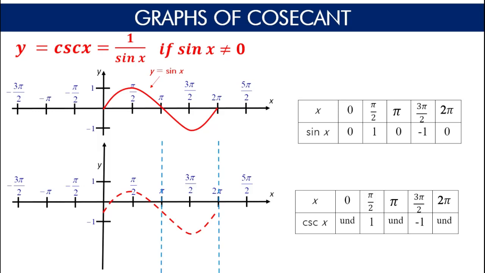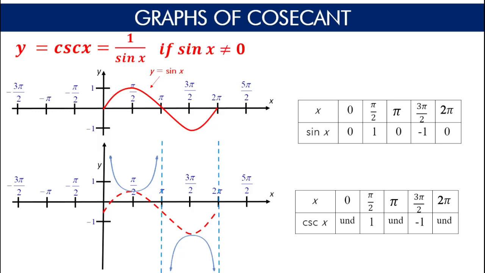So as you can see here, we have y equals sine x as our graph. And then for us to graph the cosecant, all we need to do is to, again, reflect it. So what will happen to this? The graph will become like this.